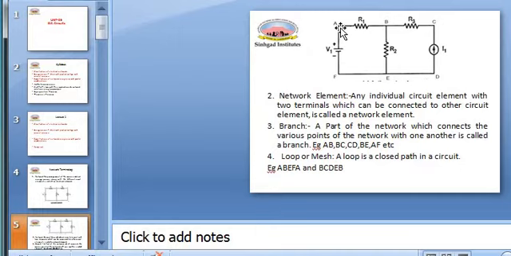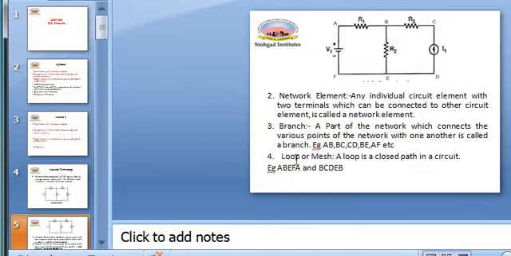But see, if we remove this branch B, E, this is still a closed loop. Such a loop is called a mesh. But this closed path cannot be called a loop, because it remains closed even if this branch is removed.